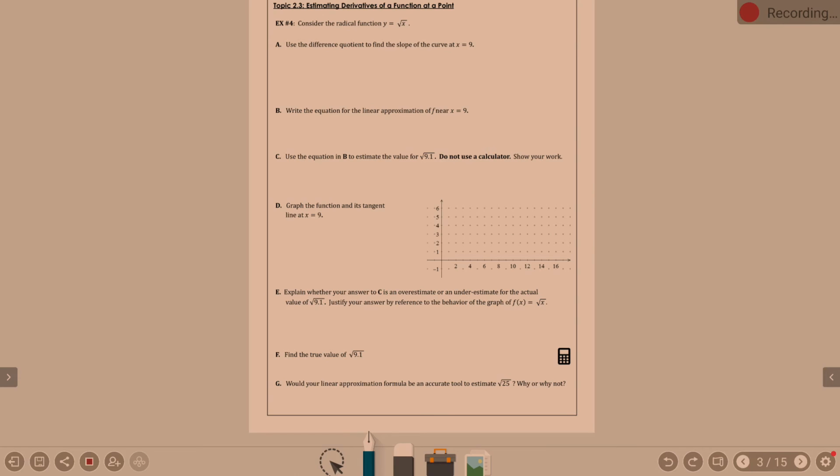Derivative finds slopes, and the difference quotient is what makes up the definition. So I'm going to use the limit as h approaches 0 of f of x plus h minus f of x, all over h.